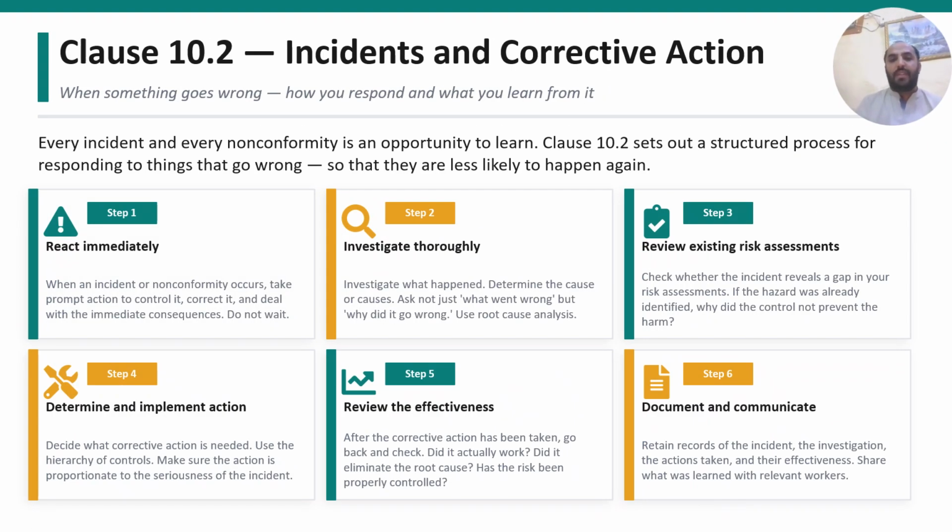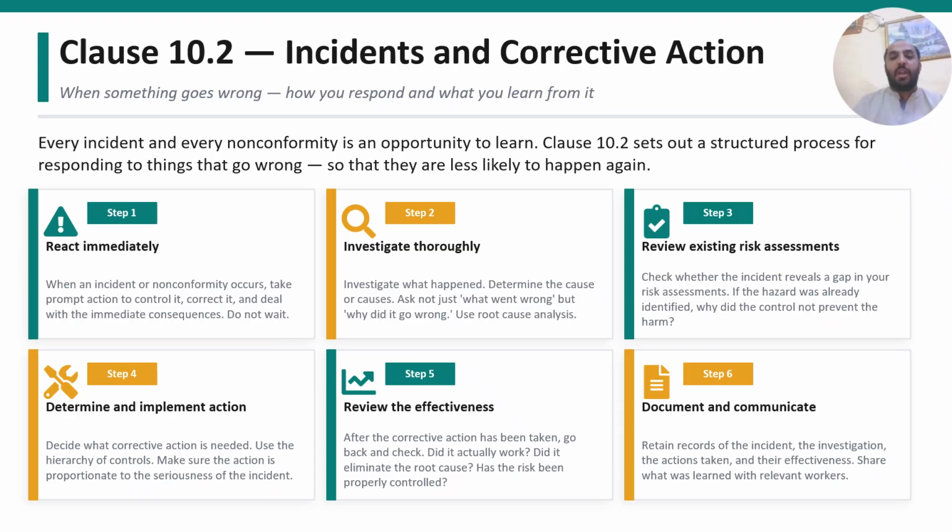Now we move into clause 10, which is improvement. And we will start with clause 10.2, which covers how organizations deal with incidents and non-conformities, NCs. I want to begin with something that I think is a genuinely important shift in perspective. Every incident that happens in the workplace and every non-conformity that is found in a safety management system is an opportunity.